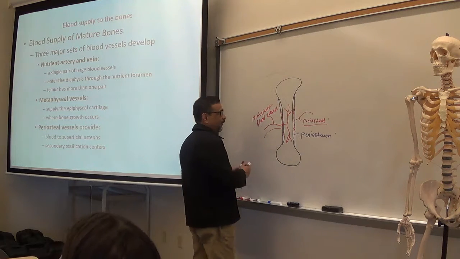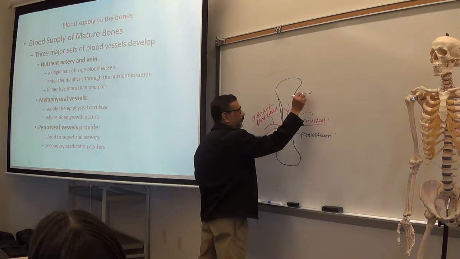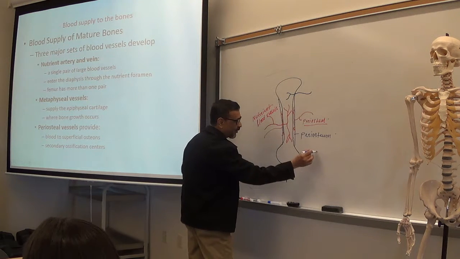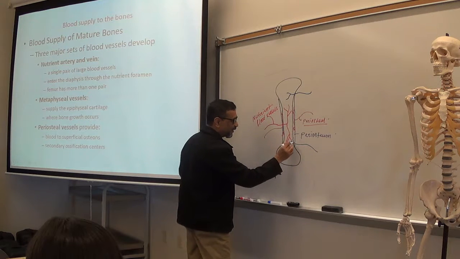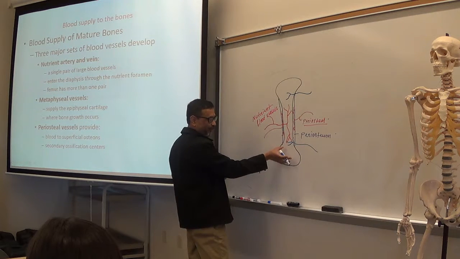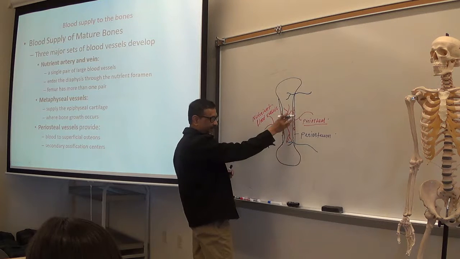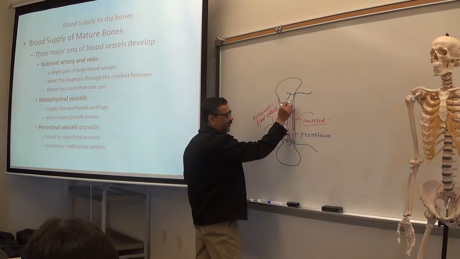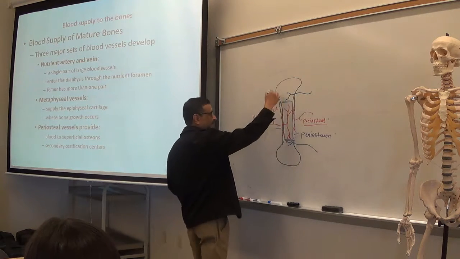And another blood vessels enter through the epiphyseal plate area. Remember, between head, end, and the shaft. The epiphyseal plate is here, you must remember. The thin cartilage through that area.